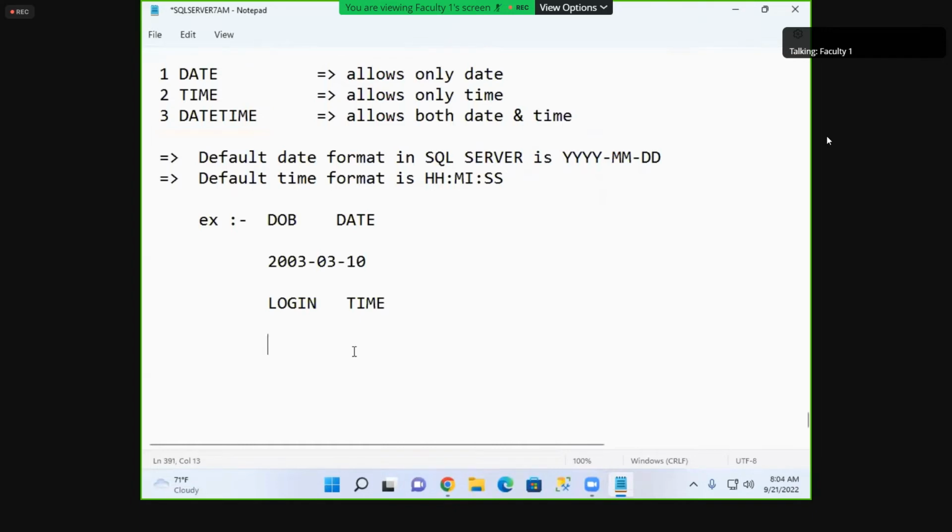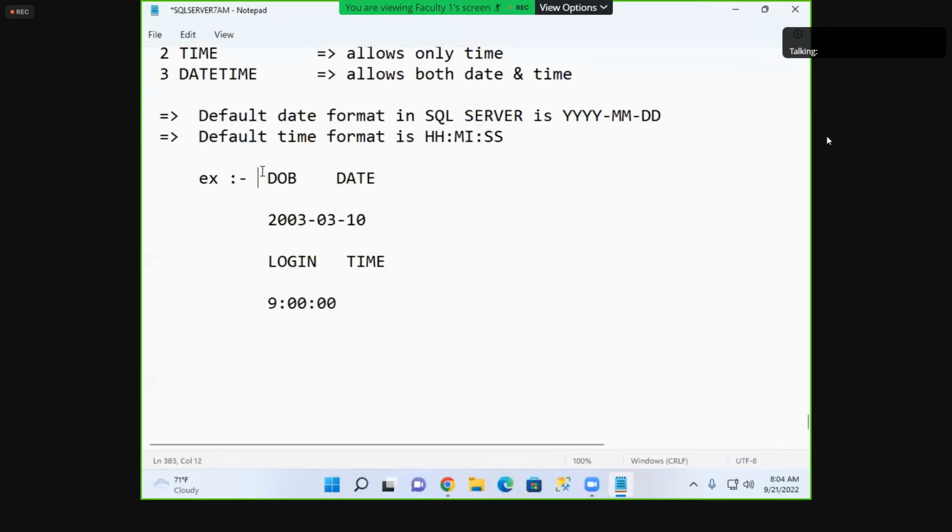Suppose he logged in at 9 o'clock, then 9:00:00. So the employee login time is 9 o'clock. For date of birth, only the date is important. For login, only time is important. I want to store only the time here, at what time he logged in.